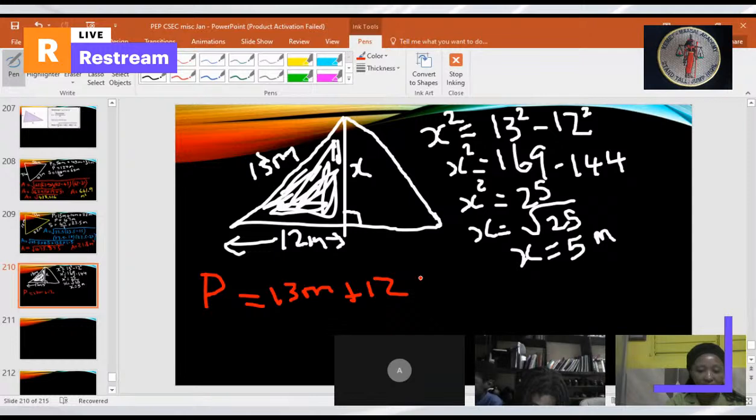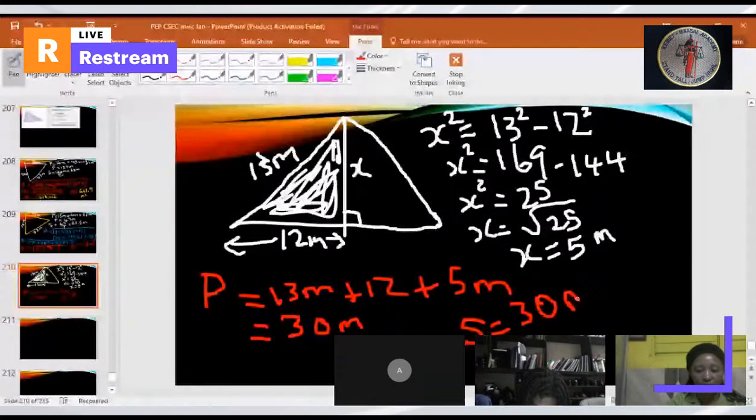And 30 divided by 2 is 15. So the semi-perimeter is 15. What's the unit? Meters. 15 meters.